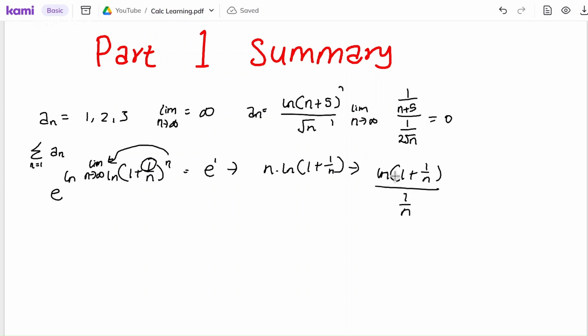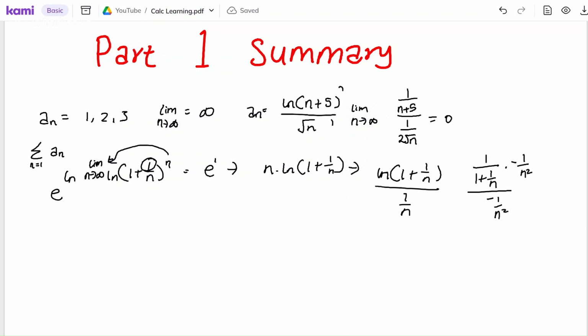And now you do L'Hopital's at this point. The derivative of the top is 1 over 1 plus 1 over n, times, by the chain rule, the derivative of the inside, which is negative 1 over n squared, and the bottom's derivative is also negative 1 over n squared.